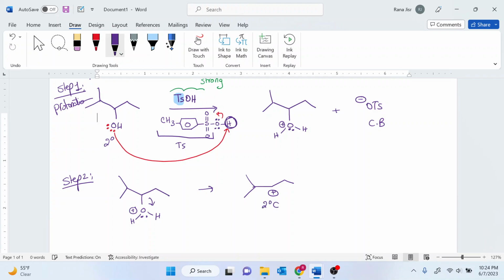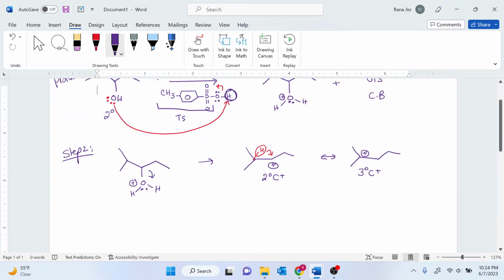So this is a secondary carbocation. I can simply do rearrangement by moving the adjacent hydrogen all the way to the positive charge. And now my new carbocation is going to have a plus charge over here. This is going to be a tertiary carbocation.